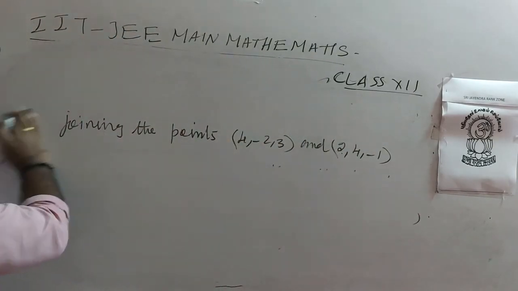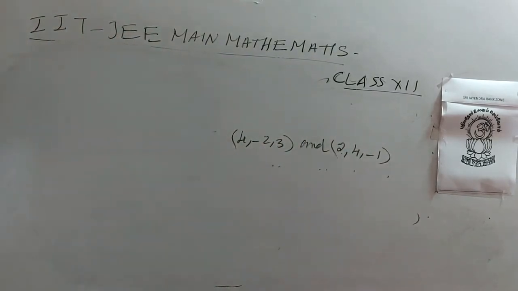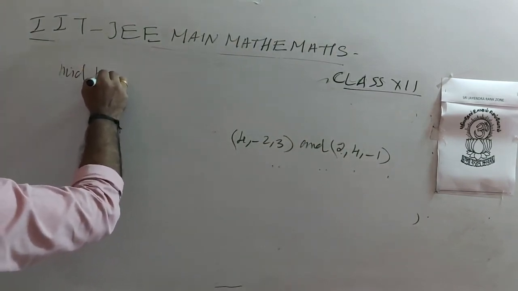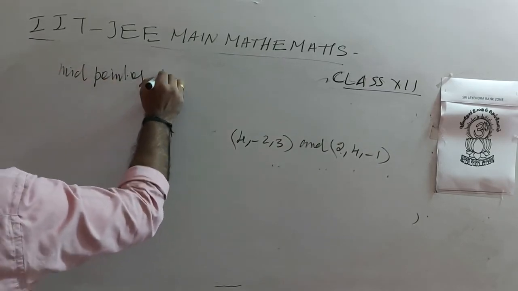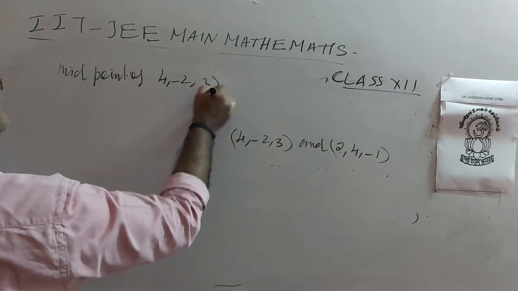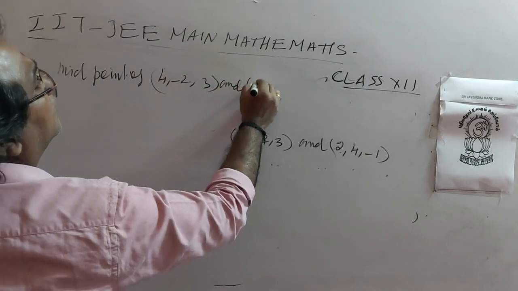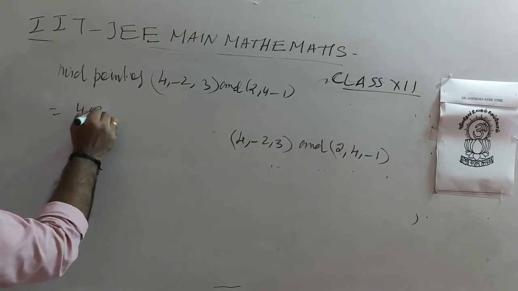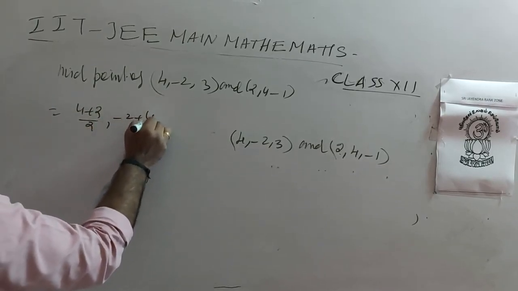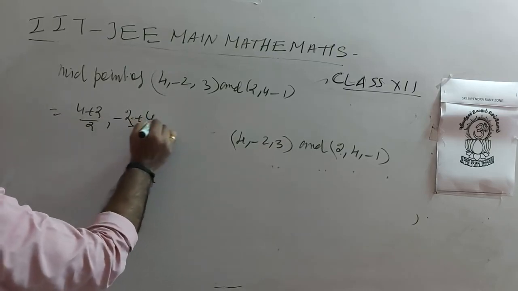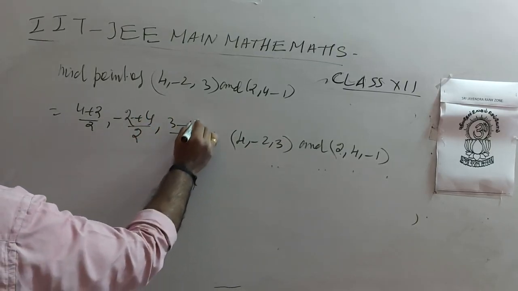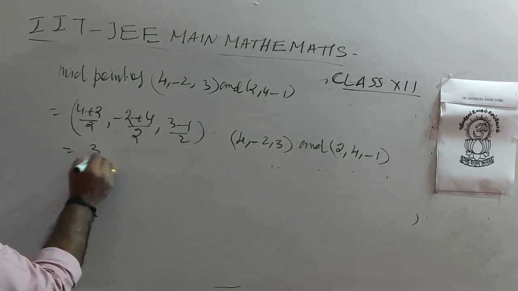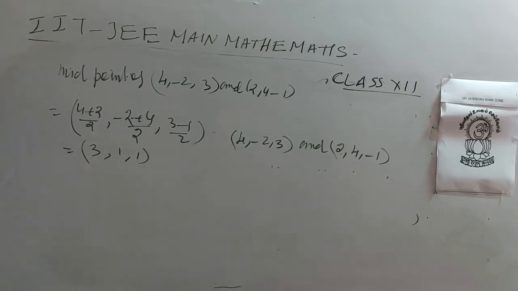So the plane bisects the line joining the points. So you have to find the midpoint of 4, -2, 3 and 2, 4, -1, equal to (4 plus 2) by 2, (-2 plus 4) by 2, (3 minus 1) by 2, that is 3, 1, 1.